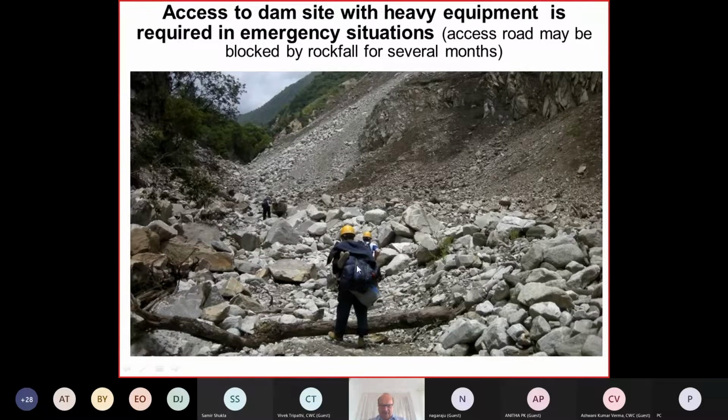It is quite important that if a dam is damaged, you can bring in equipment and so on to rehabilitate the dam. But in some areas, the access roads are blocked, as shown here, and you have additional problems.